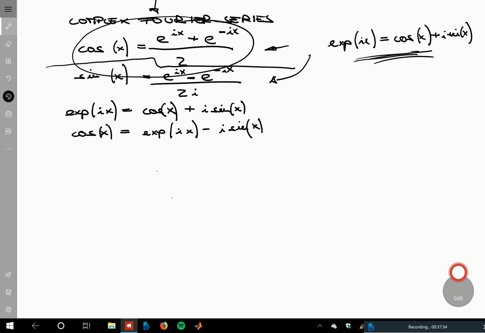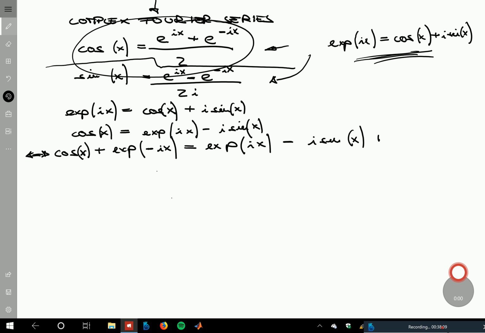And then what we can do, and this is how this whole thing comes about, is that we add on both sides the exponential of minus ix. So what we do on both sides to establish this relationship is, minus sine x, so that's just what was there before, and then we add also the exponential of minus ix on this side.